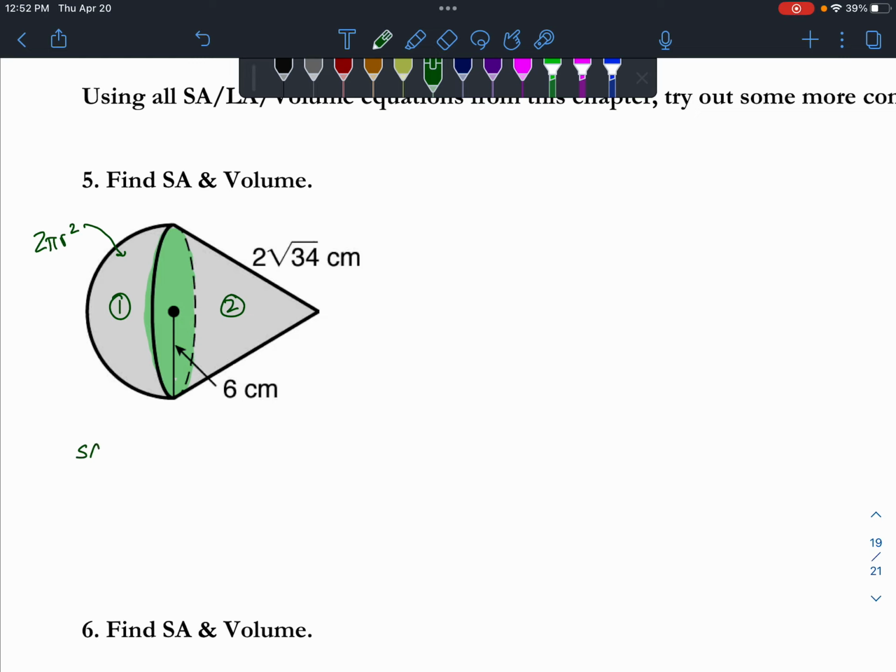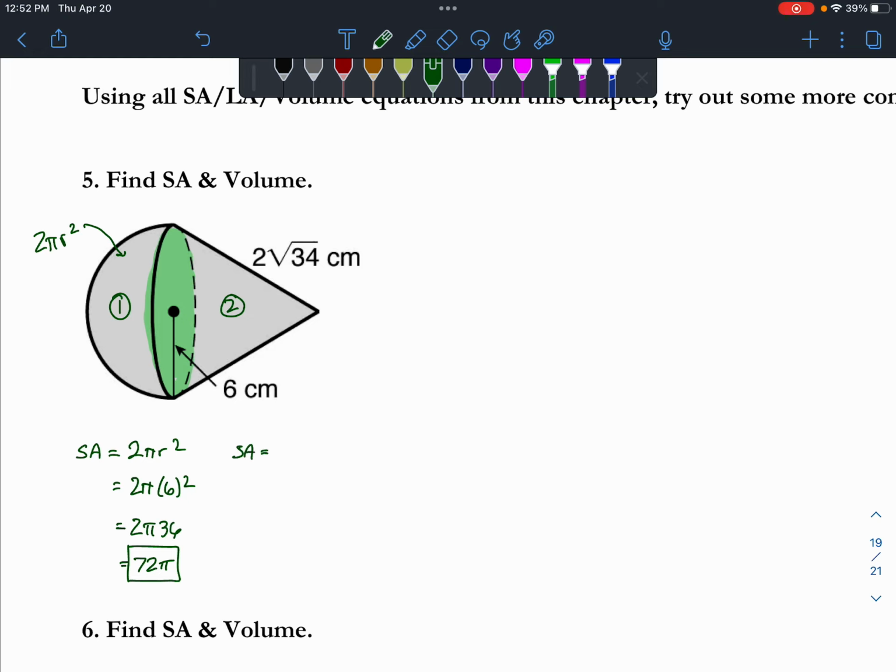So the surface area of that particular shape, if I have 2 pi r squared, throw in your radius. You should just get 72 pi for the surface area of shape number 1. Surface area of shape number 2.